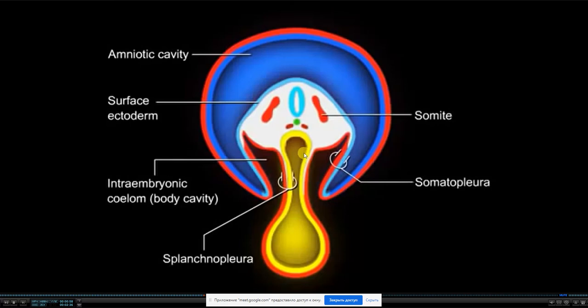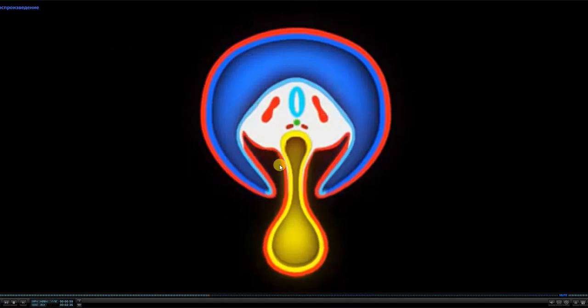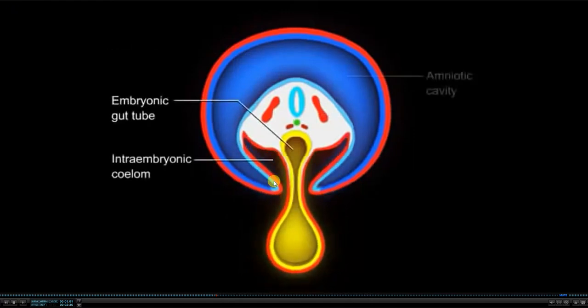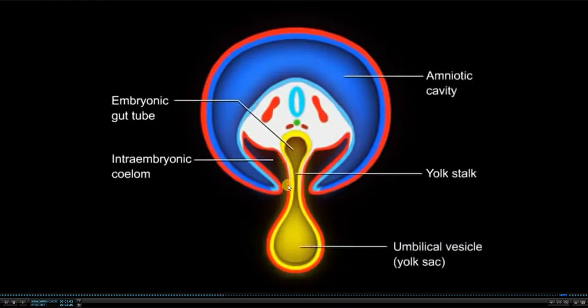But yeah, I'm going too far. Now you see it goes closer and closer. This is the yolk sac, and you see it's connected. It became the umbilical vesicle. It became part of the connecting stalk known as the umbilical cord.